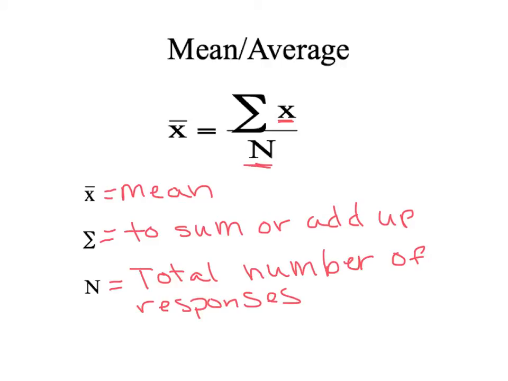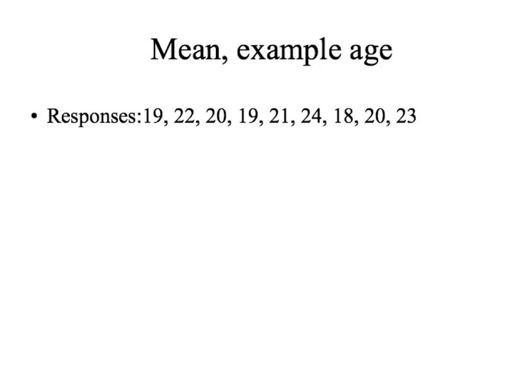So it's pretty simple to calculate a mean. Let's go ahead and do one now. Here we have our responses to the question of how old are you? We don't have to put them in order, we can simply add them up. I'm going to make it easy and put little plus signs in between rather than rewrite the whole thing into an equation.